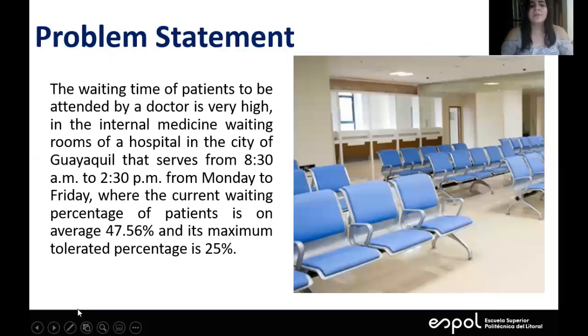Remembering the problem statement, the waiting time of patients to be attended by a doctor is very high in the internal medicine waiting rooms of a hospital in the city of Guayaquil that serve from 8:30 a.m. to 2:30 p.m., Monday to Friday, where the current waiting percent of patients is on average 47.56% and its maximum tolerated percent is 25%.